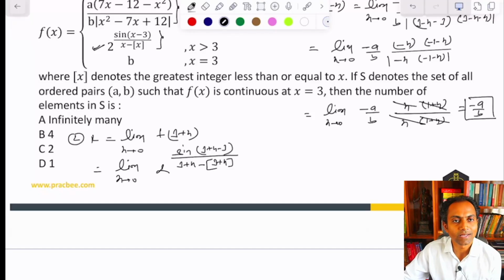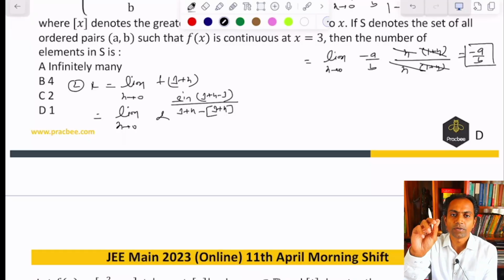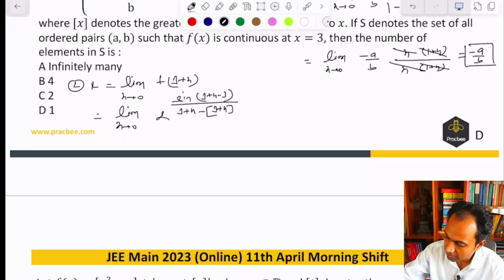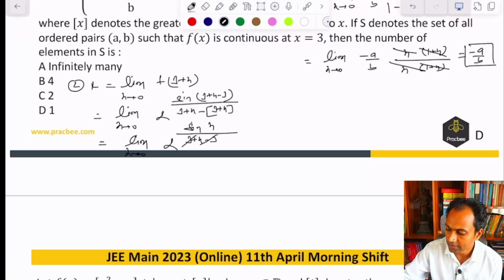Now once we write it like this, you can very easily observe that GIF of 3 plus h is a quantity between 3 and 4. So this GIF specifically can be written as 3. So this becomes limit h tends to 0, 2 raised to the power sine h. This will become 3 plus h minus 3. And you are getting sine h by h, that in turn will become 1. So that becomes 2 raised to the power 1.